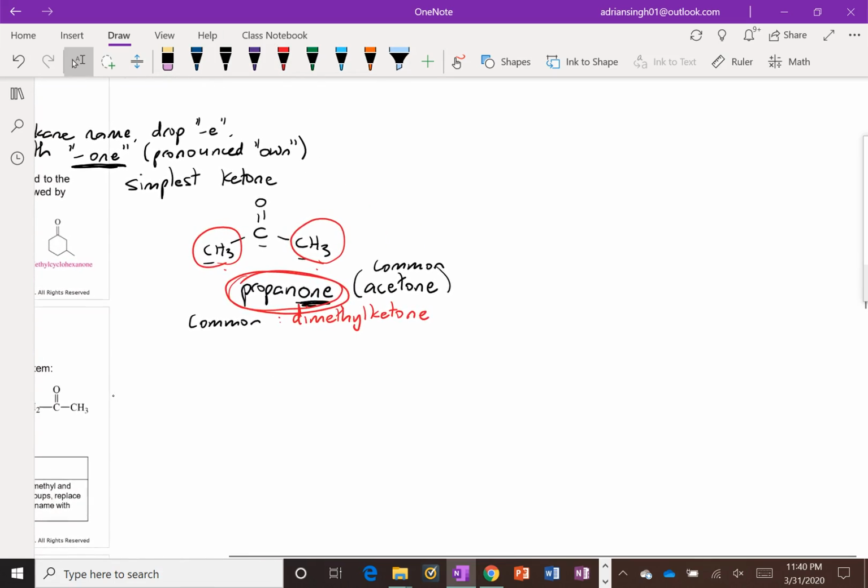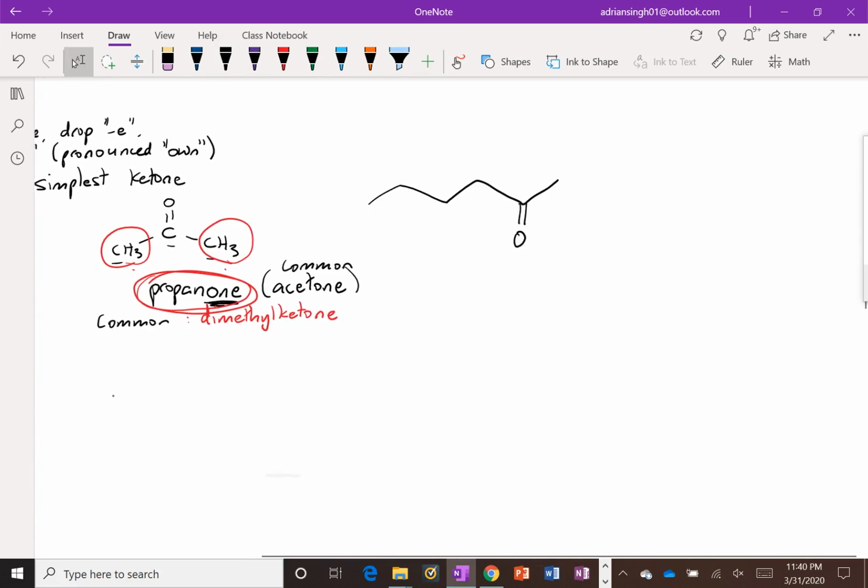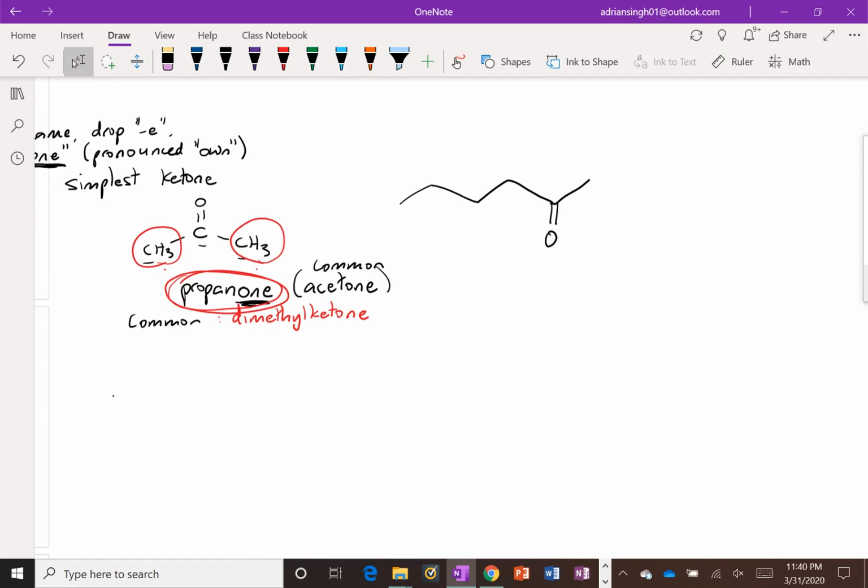If we take a look at maybe something slightly bigger, right? So if you had something like this, and we had to name that, right? So first of all, you have to recognize what family it belongs to. There is your carbonyl between 2 carbons on either side, so that would make it a ketone.